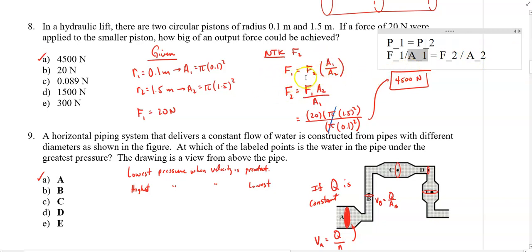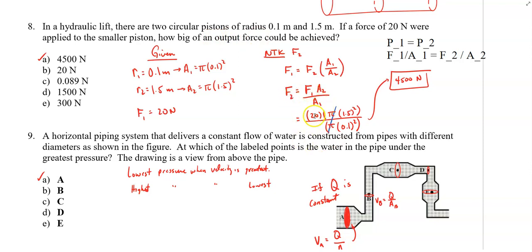And we can then isolate F2 in this case. Now I labeled F1 as the input force and R1 as the input piston diameter or radius. So my subscripts of 1 are the input values, and we're trying to find the output value. So that's what I'm labeling as F2.